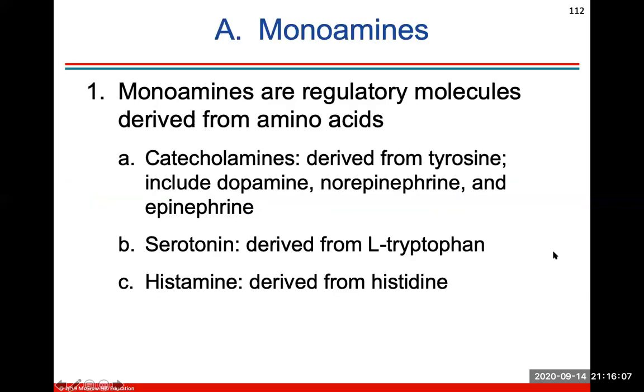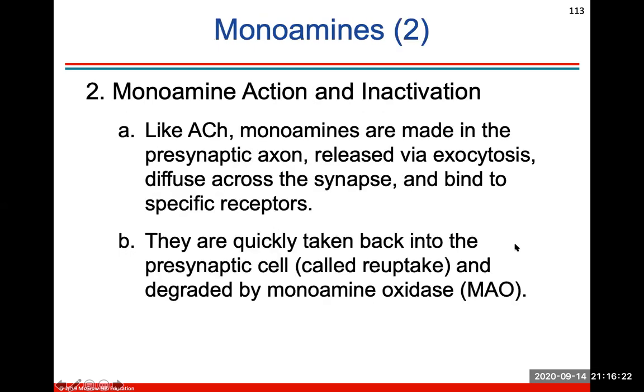Monoamines as neurotransmitters. So we really talked about acetylcholine. Monoamines can also be neurotransmitters. They're regulatory molecules derived from amino acids: catecholamines, serotonin, histamine. Monoamine action and inactivation are very much like acetylcholine.